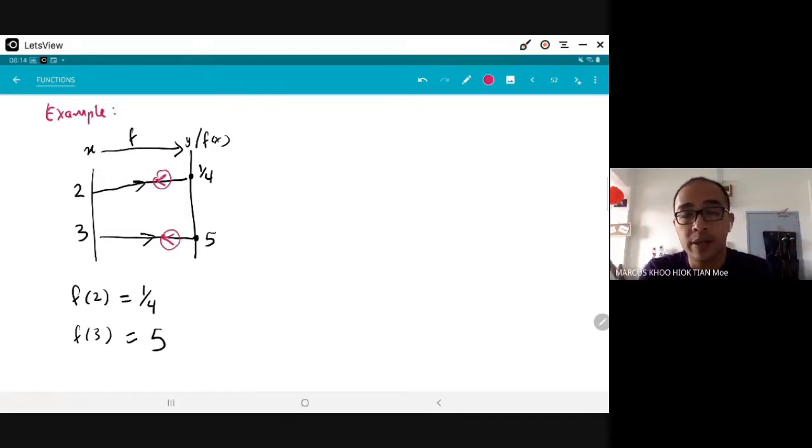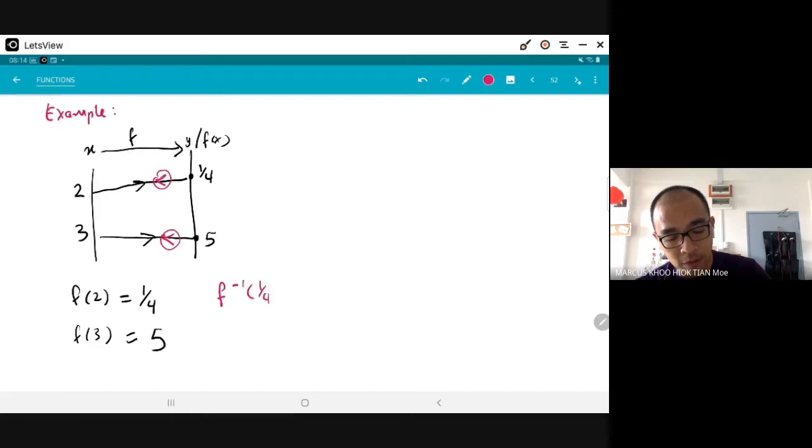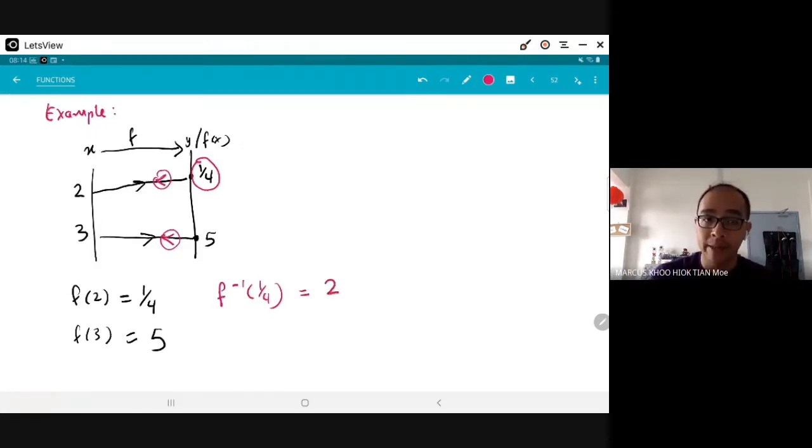So if I change it the other way around, I will get f negative 1 of 1 over 4. Sebab sekarang saya bermula dari 1 over 4. Okay, my answer will be 2. Okay, saya terbalikkan. And f inverse of 5 will give me 3.